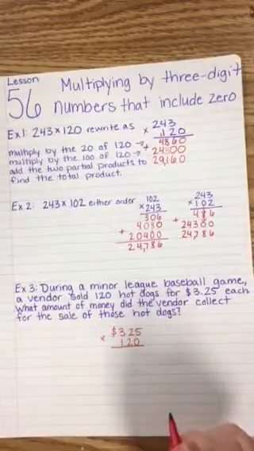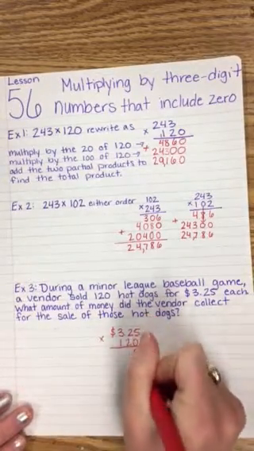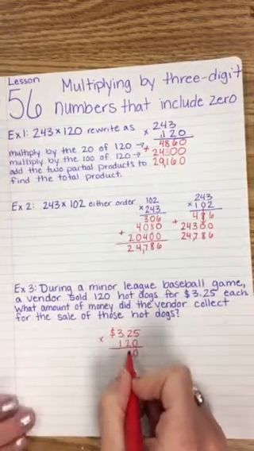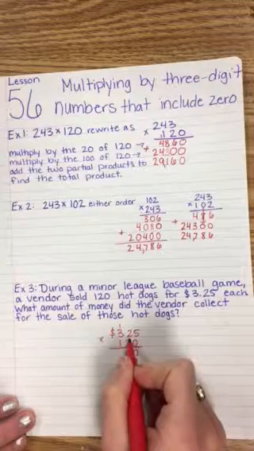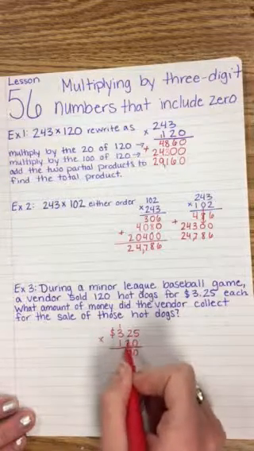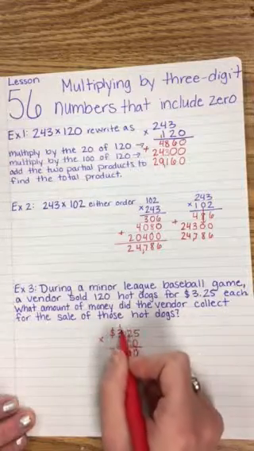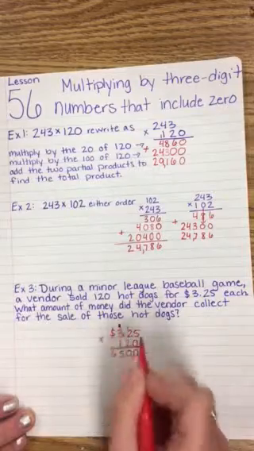Okay. 0 times 5, 0. I'm just going to write a 0 there, and then I'm going to move to the tens spot. 2 times 2 is 4, plus 1 is 5, and 2 times 3 is 6. I should have put this 1 there, I'm sorry, messed me up.